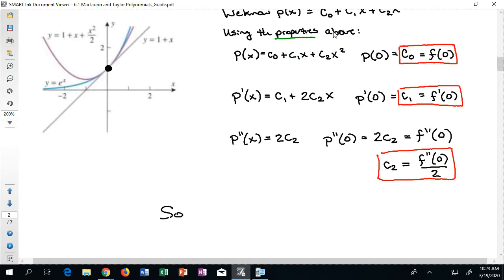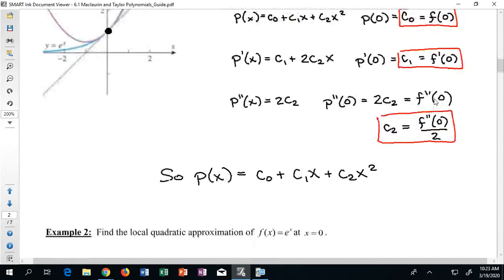So I can write out the following conclusion. That polynomial that I need, that quadratic, which I know looked like c0 plus c1 times x plus c2 times x squared, has to be equal to, well, let's see, c0 is f of 0, c1 is f prime of 0, and c2 is f double prime of 0 divided by 2.